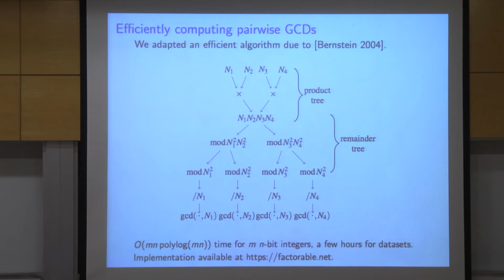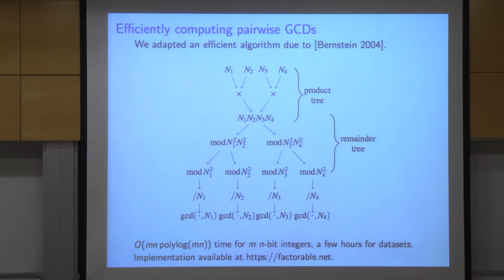And because we've been cleverly computing everything in binary trees, instead of taking quadratic time in the number of keys, this algorithm will essentially take mn polylog mn time for m n-bit integers. And that means that in practice, for the data sets that we collected, this algorithm finishes in a few hours.